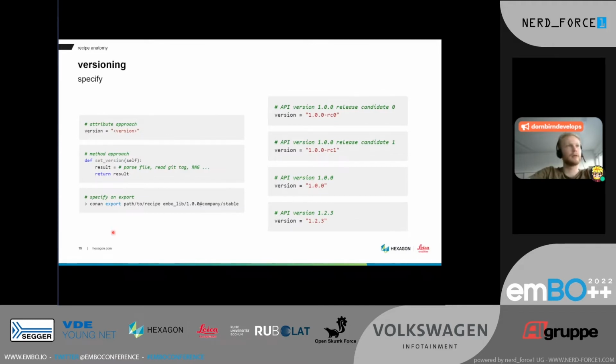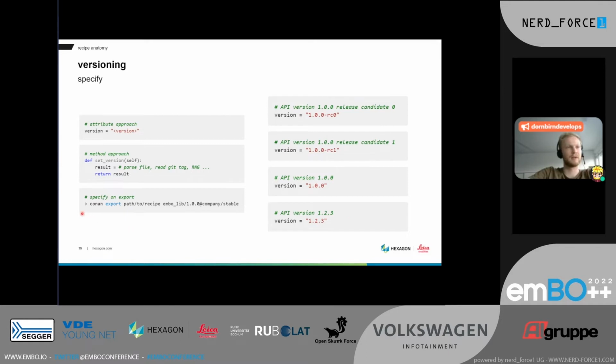How can we specify a version? The version itself can be described as a field or as a method, and in there you can have a bunch of options that you can put in. Like I said, you can put in absolutely anything there, but since I already recommend semantic versioning, I try to stick with this one.